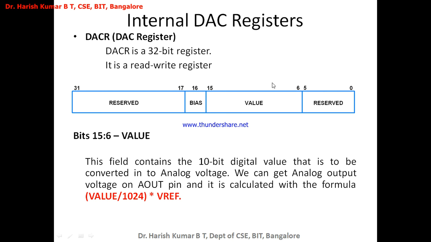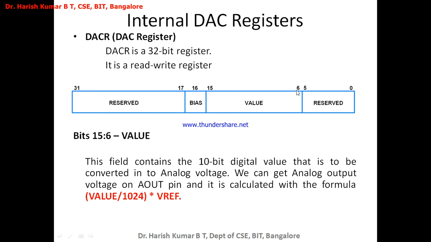Now this is the format of the DAC register. Bits 0 to 31, it's a 32-bit register, and bits 0 to 5 are reserved. Let us not worry about this part. Bits 6 to 15 are the value. This is where you'll be giving your digital data, which I want to convert into analog data. So your digital data should be present from the 6th bit of the DAC register to the 15th bit.